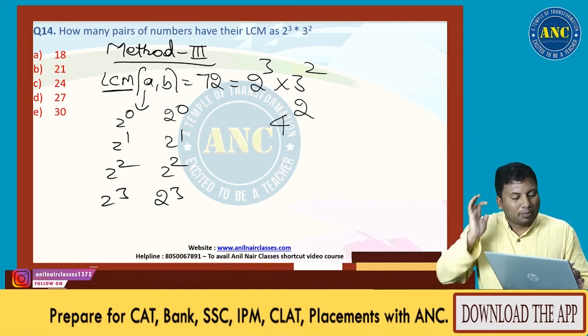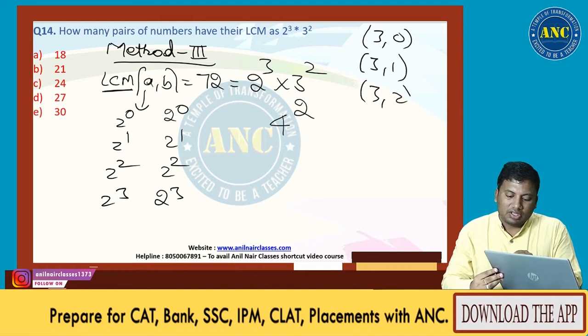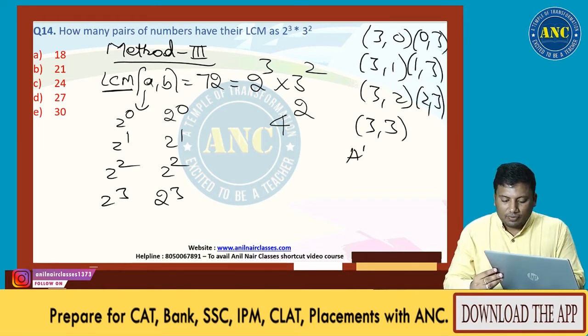LCM means highest power. Highest power means 3 should definitely be there. What are the 7 cases we got? (3, 0), (3, 1), (3, 2), (3, 3) or (0, 3), (1, 3), (2, 3). At least once, 3 should be there.